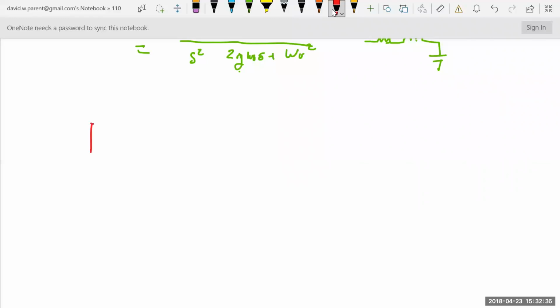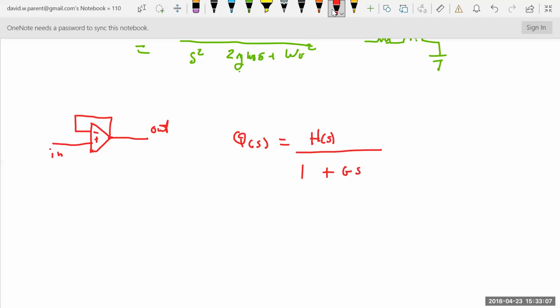Now let's go to the buffer circuit. All right. And we're using the control system methodology. So in this case, we have the transfer function of the op-amp, the feedback parameter, and again, the transfer function of the op-amp.